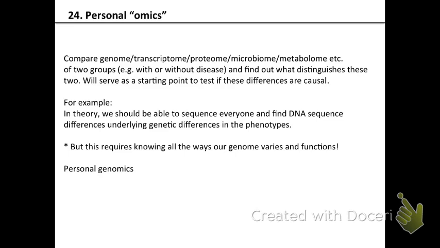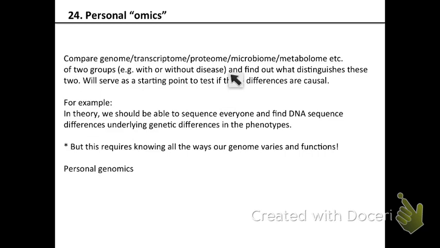So in principle, in theory, I should be able to compare the genome, etc., of two groups, for example with or without disease, and then find out what distinguishes these two groups. That can serve as a starting point to test if these differences are causal.